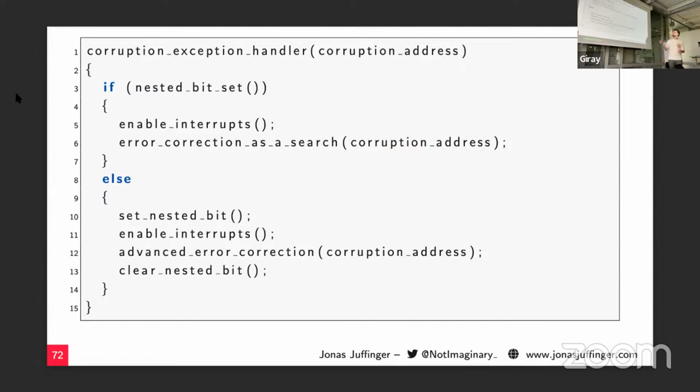We have a special bit, and if it is set, it always does the correction as a search. If it's not set, it sets the bit, does the advanced error correction, that eventually does the correction as a search if it doesn't find something, and it clears the nested bit again. And this means that two entrances in the exception handler never go here. The second one always goes here.